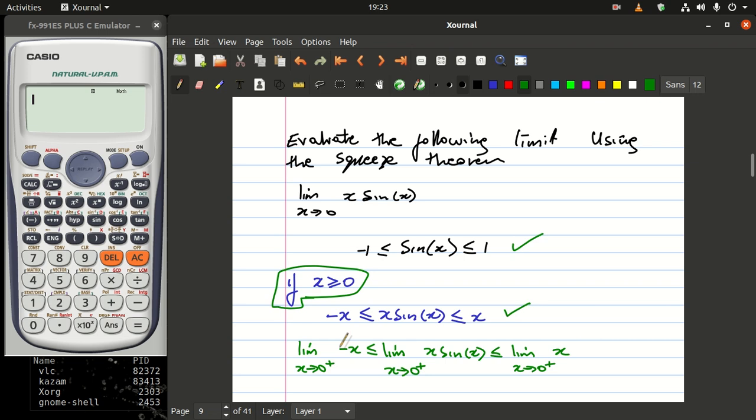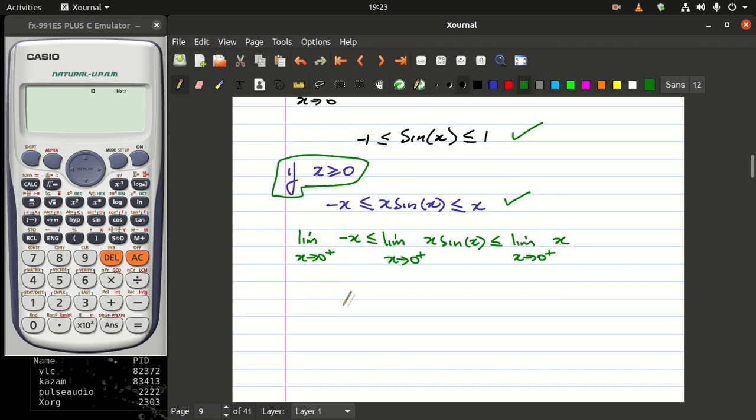Now, if I plug in 0 here, I get 0 is less than or equal to the limit as x approaches 0 on the right of x sine of x, and this is less than or equal to, if I plug in 0 here, 0. The number between 0 and 0 is just 0.